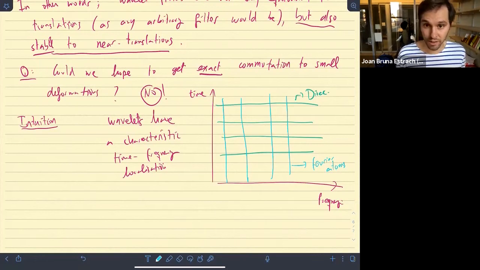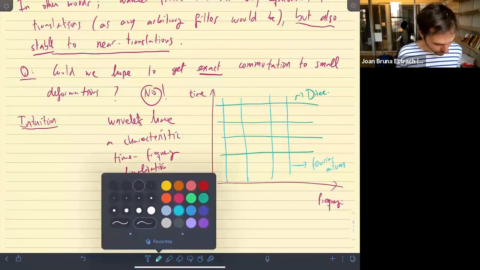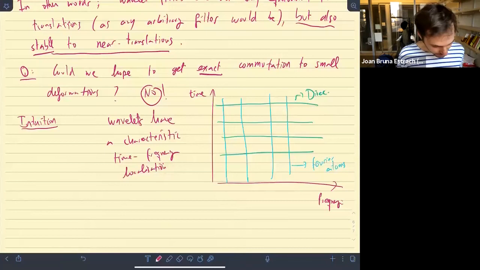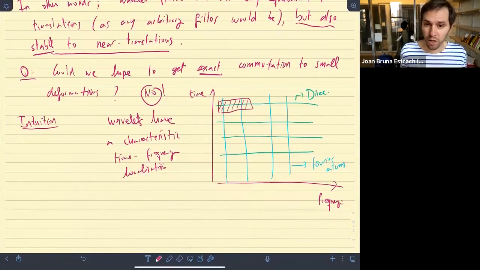So wavelets have this very characteristic trade-off. They come in different aspect ratios, but the point is that we can have trade-offs of this form. I have boxes where the spatial localization is traded off with the frequency characterization. So I can have wavelets that are very high frequency.